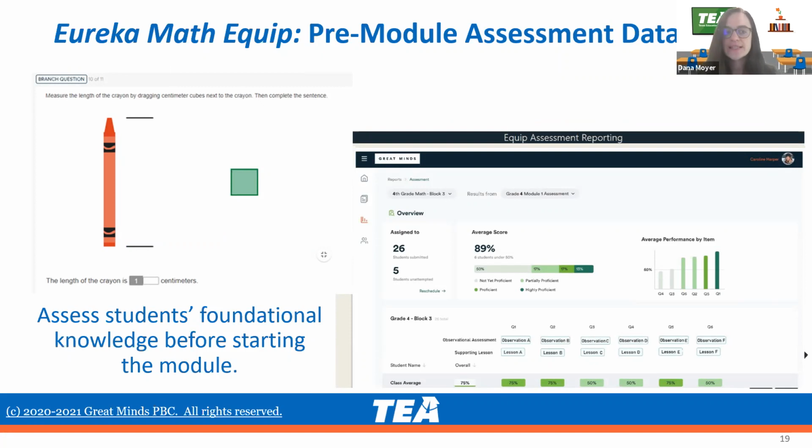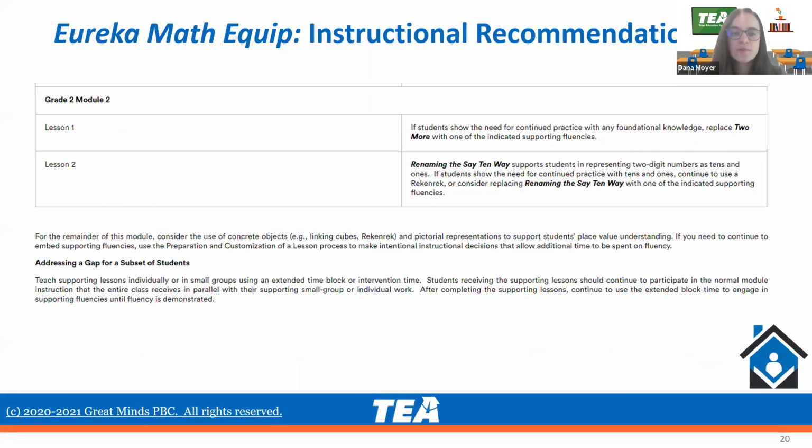There's an example of an assessment item that students can take digitally or in print, and then some assessment reporting to assess students' foundational knowledge before starting the module. And then the Eureka Math Equip tool, based on the data that you get, will provide some instructional recommendations of how to address a gap for large groups of students or for a subset of students that had a particular essential foundational knowledge gap.